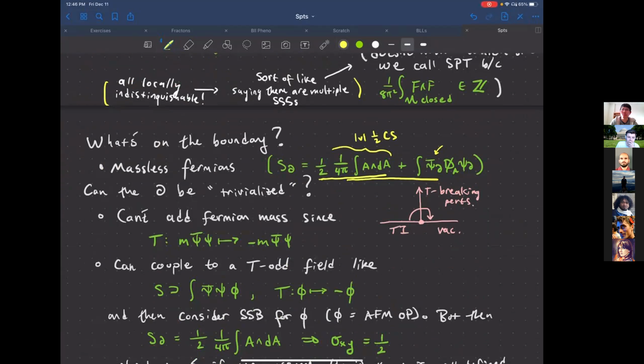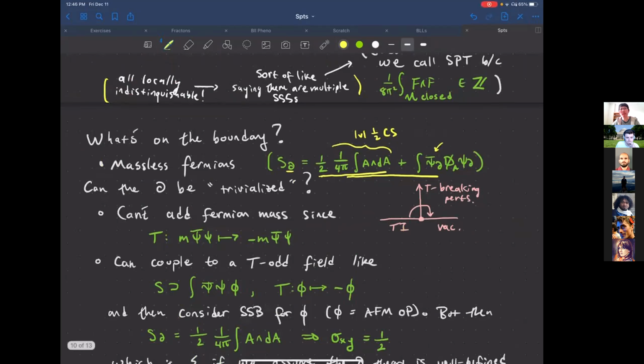Okay, and so now let us ask whether this theory here, this S partial, is trivial or can be made trivial in the sense that I was talking about above, where I wanted to know whether the boundary could be eaten into the bulk, whether there was anything interesting happening on the boundary.